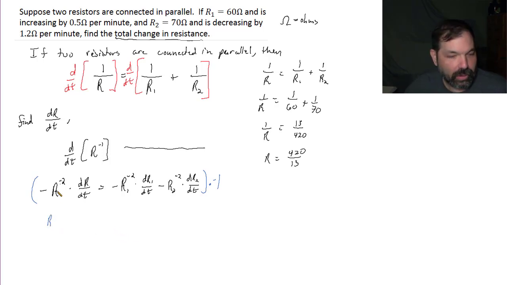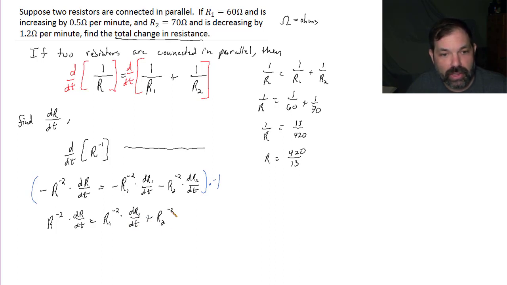So R to the negative second dR/dt is equal to R1 to the negative second dR1/dt plus R2 to the negative second dR2/dt. If R is 420 over 13, that would be 420 over 13 to the negative second times dR/dt. That's what we're solving for.